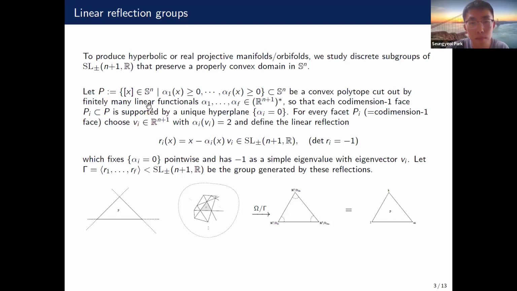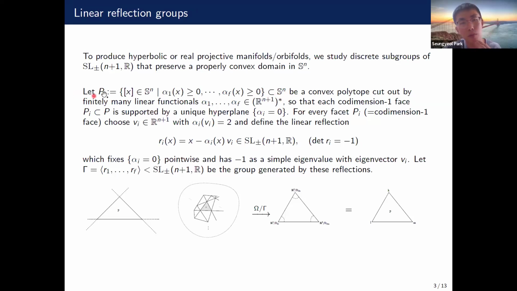Here, my setting is that we have a convex polytope inside this S^n. That is basically a subset of S^n which is defined by a finite number of linear inequalities. So alpha_1 to alpha_f are the dual elements of this R^{n+1}. The kernel of each dual element now becomes a hyperplane inside this sphere.